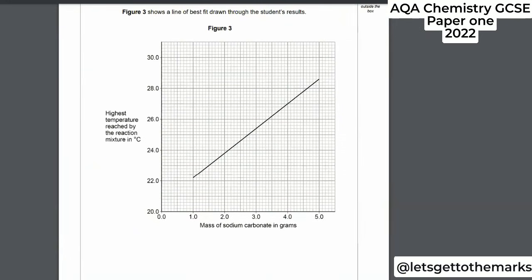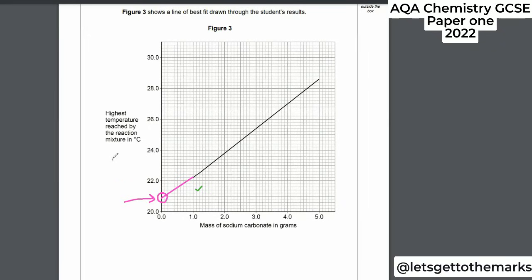I'm going to do this in a different color, but you continue this line on like that, and that gets you 1 mark just for drawing on the graph. So make sure you draw on the graph. Then all you've got to do is calculate what number goes there. 2's 20, 22, 24.